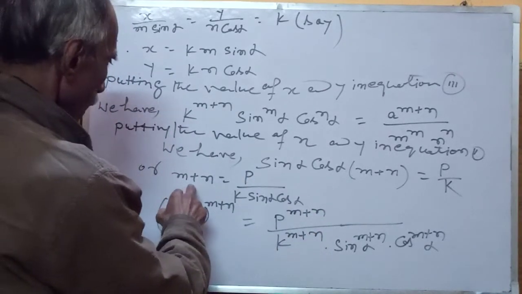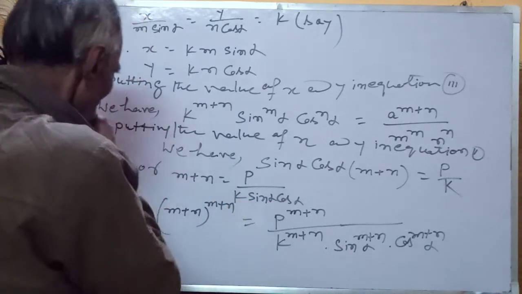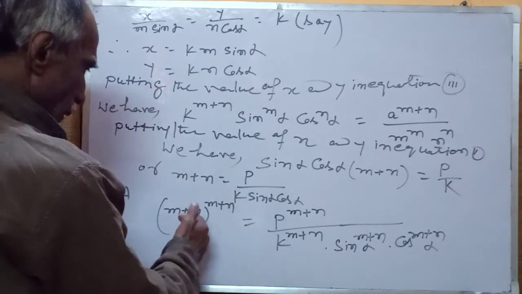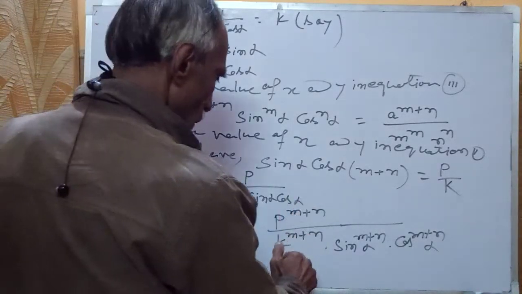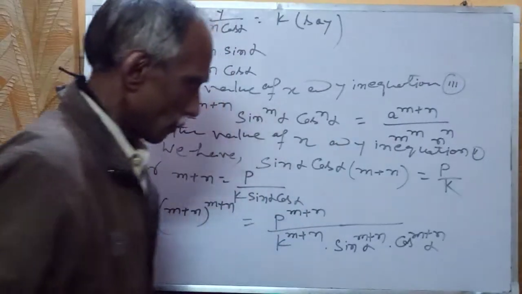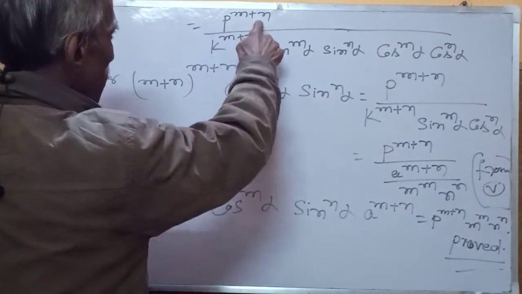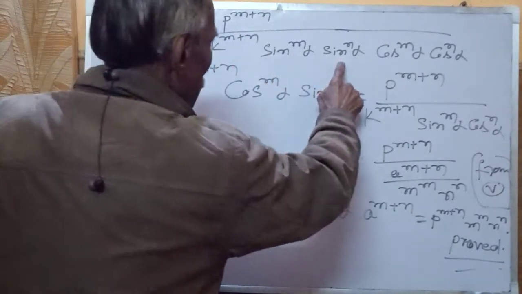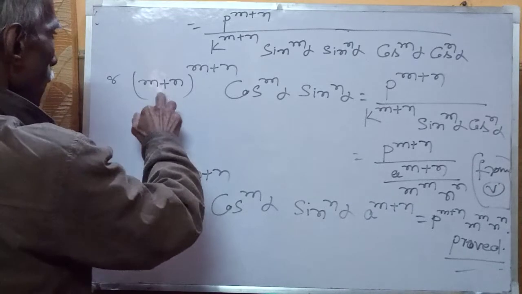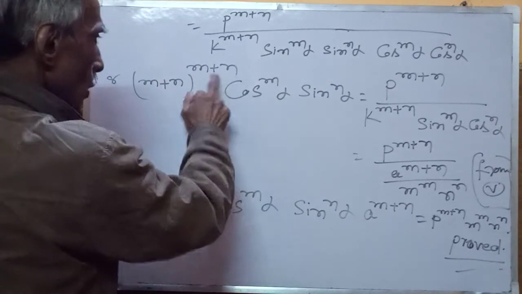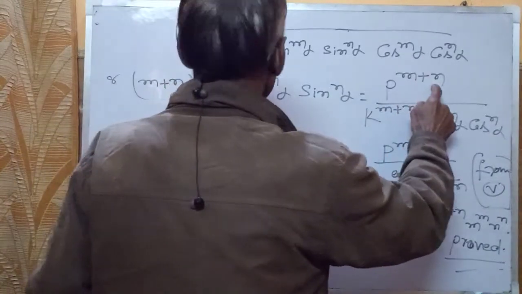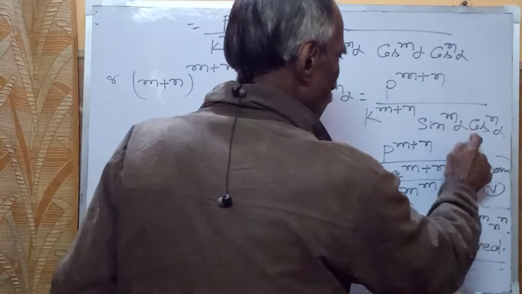After that, you can write m plus n is equal to p by k, sin alpha cos alpha. Now, if you raise the power m plus n on both sides, you can write (m plus n) whole to the power m plus n is equal to p to the power m plus n by k to the power m plus n, into sin m alpha sin n alpha cos m alpha cos n alpha, which can be written as (m plus n) to the power m plus n, cos m alpha sin n alpha, is equal to p to the power m plus n by k to the power m plus n, sin m alpha cos n alpha.